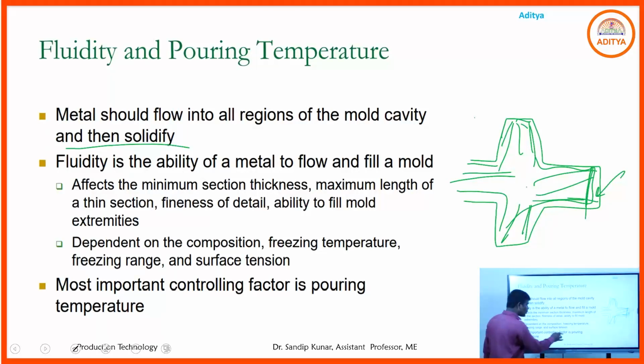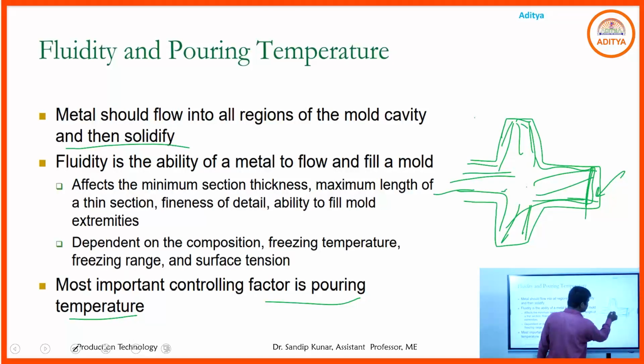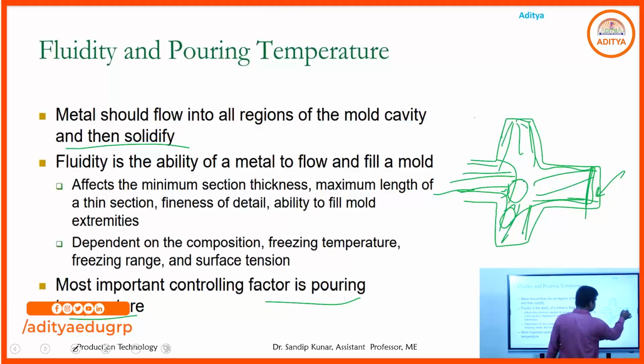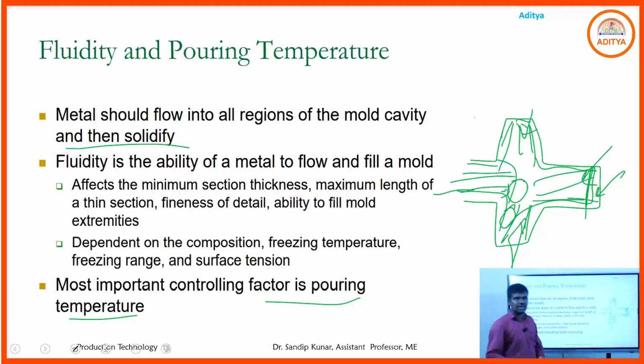The most important controlling factor is pouring temperature. Always maintain a particular temperature at which the molten material can flow into every section. If the temperature is below the pouring temperature, the molten material will solidify as it comes into that portion, and that portion will not be filled.